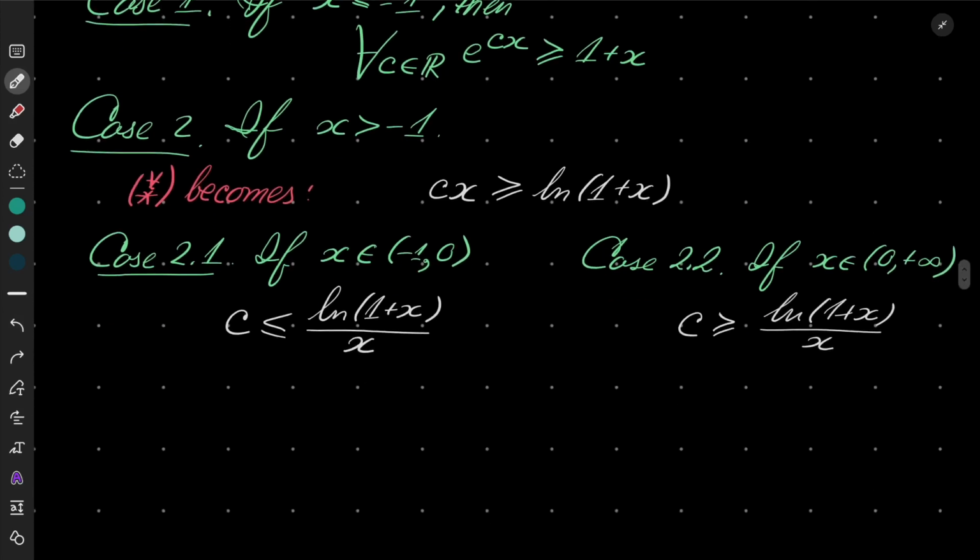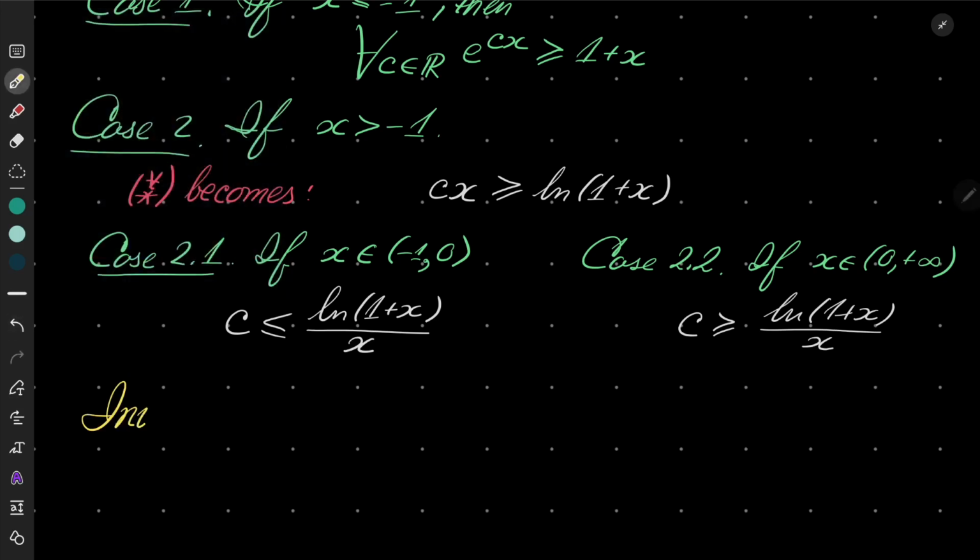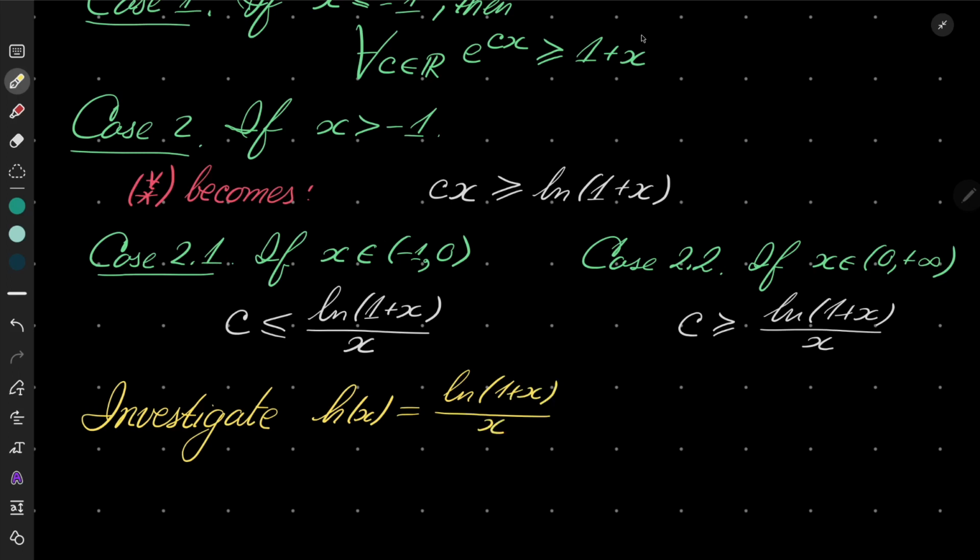So my idea is now to investigate this function near 0. Let's call this function h of x, which is natural log of 1 plus x over x near x equals 0.